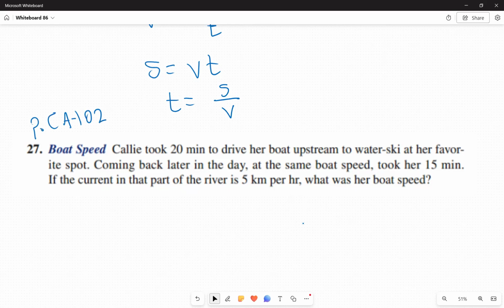If she took the same route, it took her longer to get there than to return. That means when she was going against the current, and when she came back, she was going with the current.